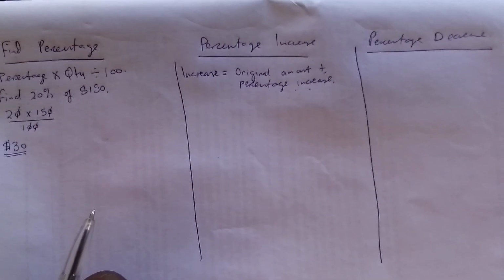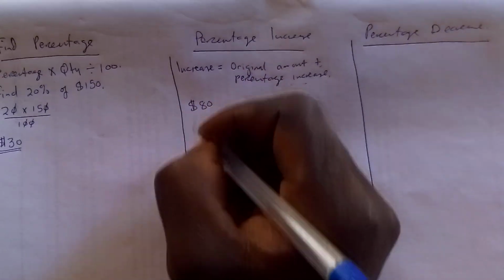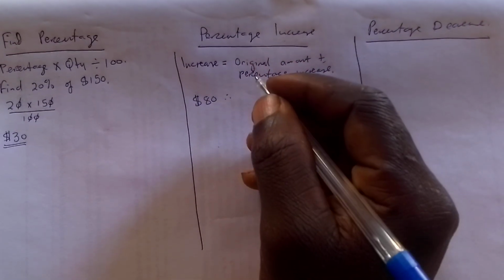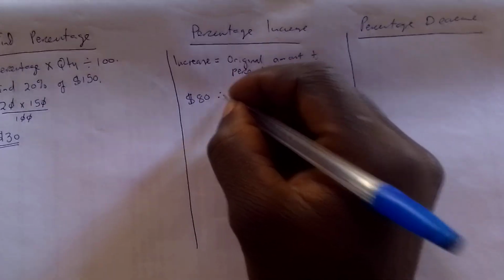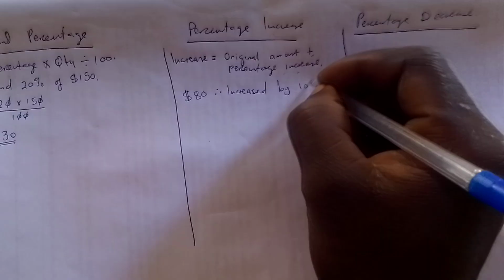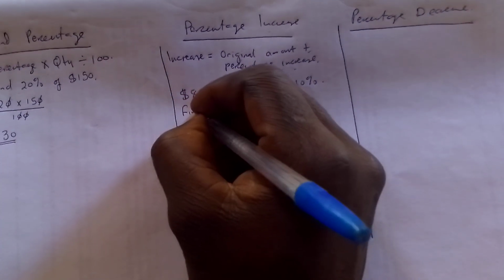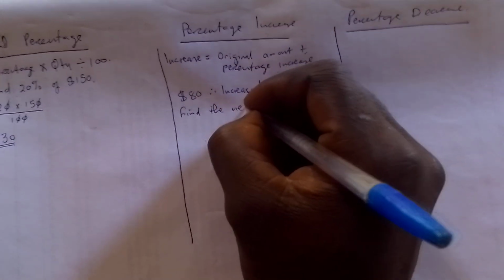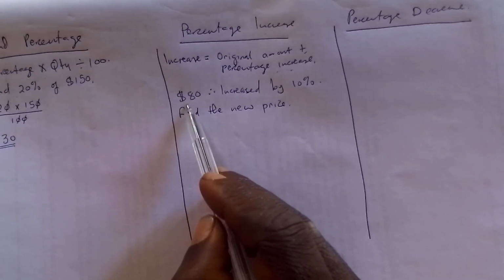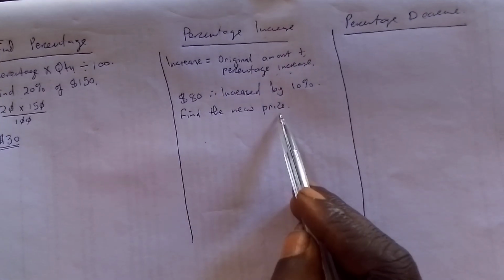For example, a shirt cost $80 and was increased by 10%. Find the new price.